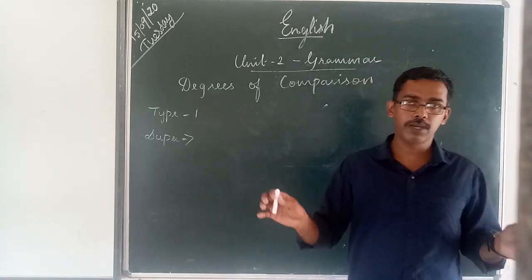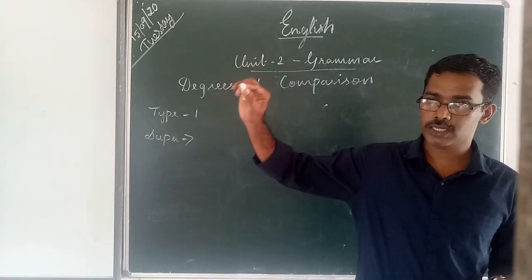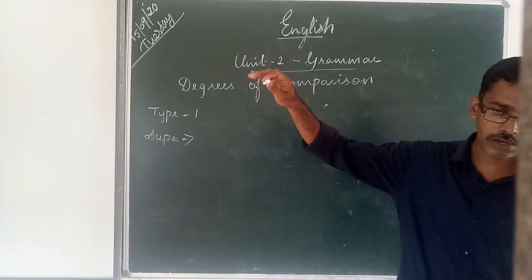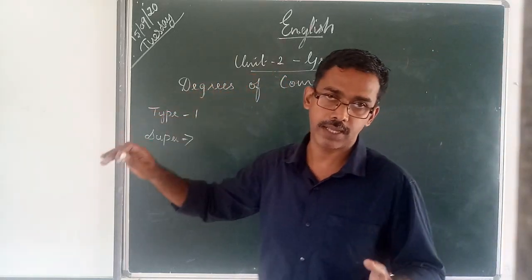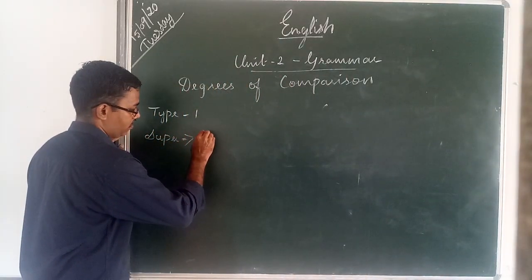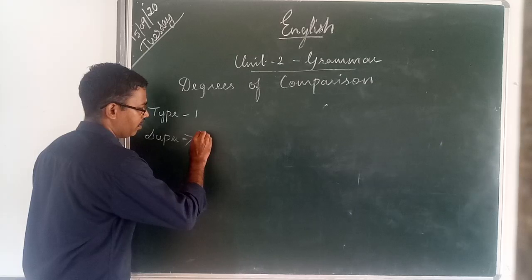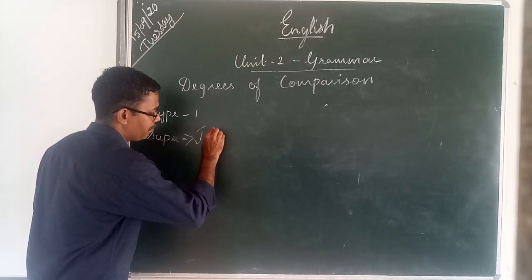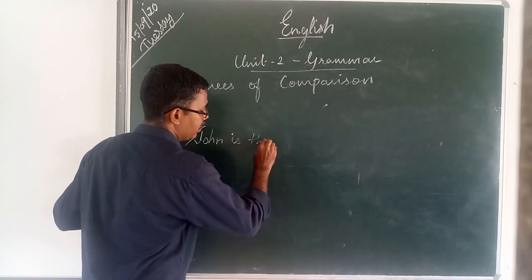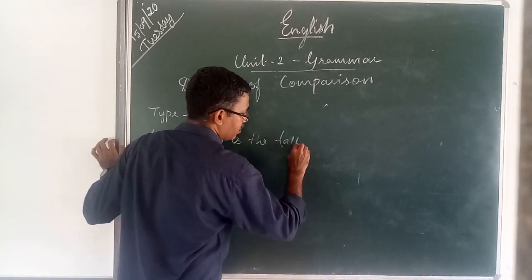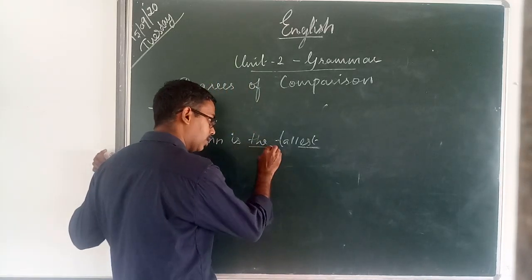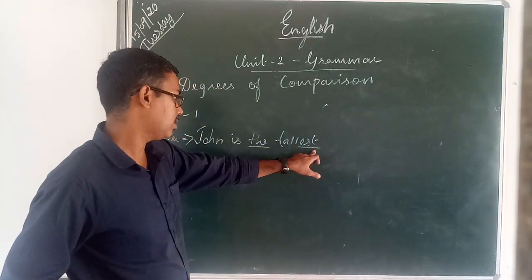There will be only one person we can list: he is the tallest person in the group, just like that. Superlative. Assume a person John. John is the tallest. Here, the two important things, the and est, will come.